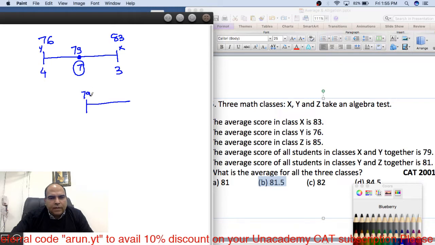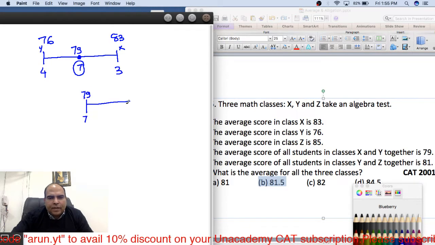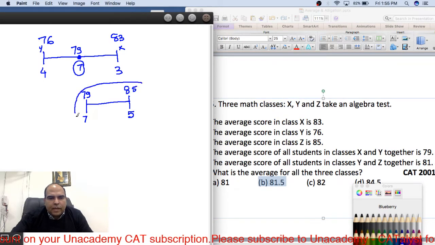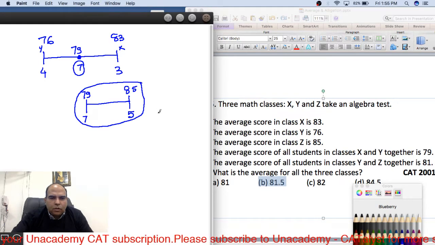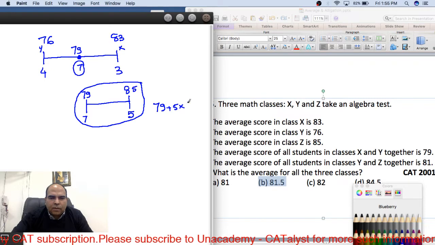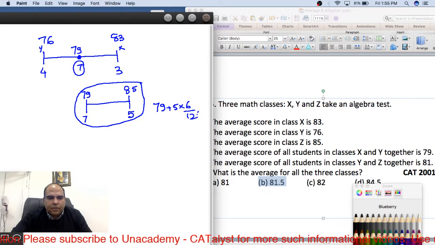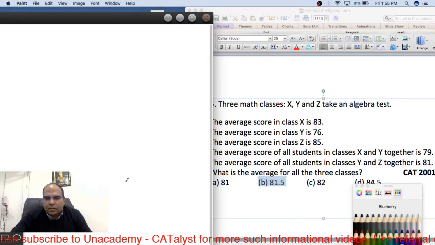So 79 with an average of 7, and when you get z as 5, so z being 5 with an average of 85, if you use alligation on this structure, you will again get 79 plus 5 into 6 by 12. So this will also give you the same answer as the previous process.